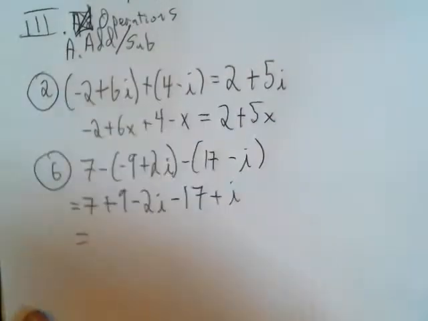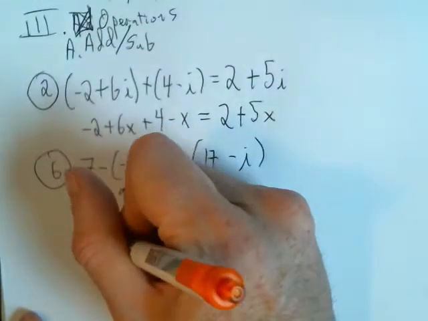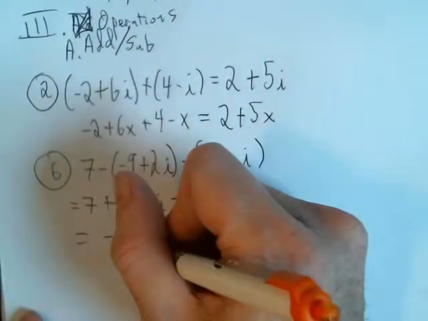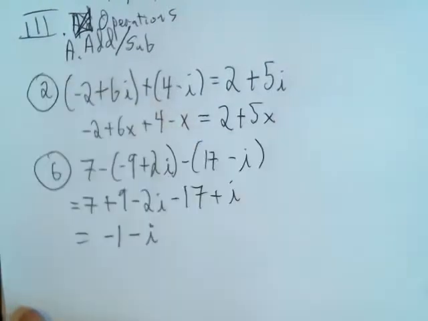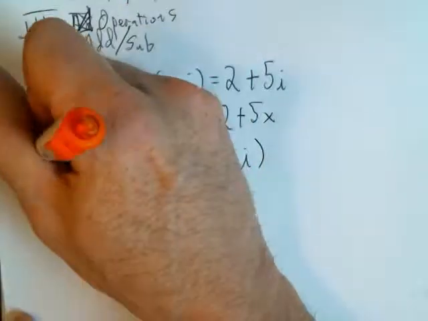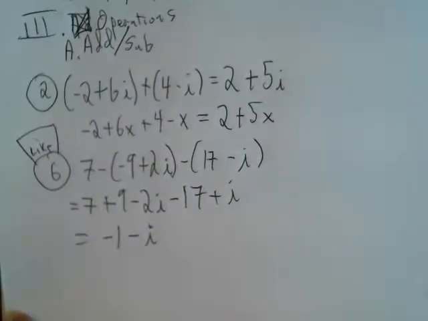So add the real parts together. 7 plus 9 is 16. Minus 17 is -1. And then minus 2 i's plus 1 i is minus 1 i. So it should end with that, unless I made a mistake, which I may have done, because I copied it wrong. It's like number 6, but not exactly.